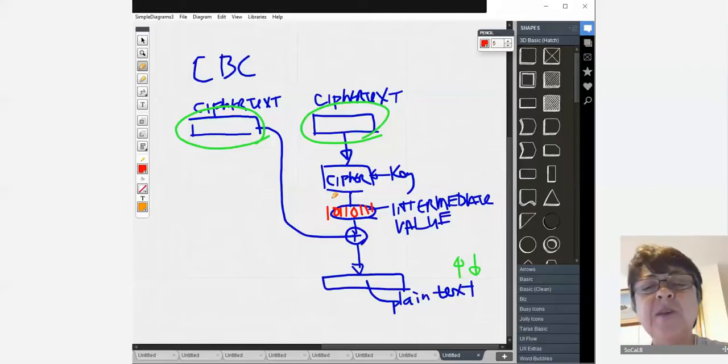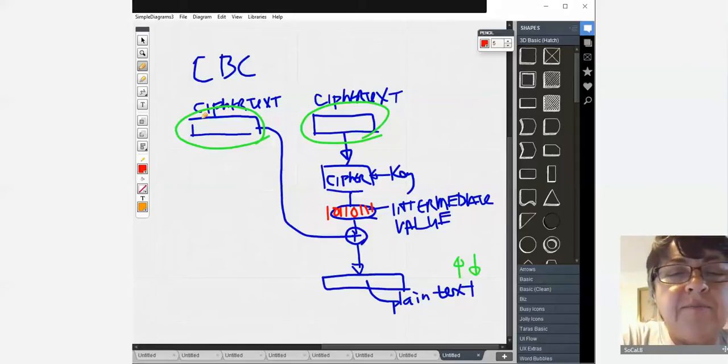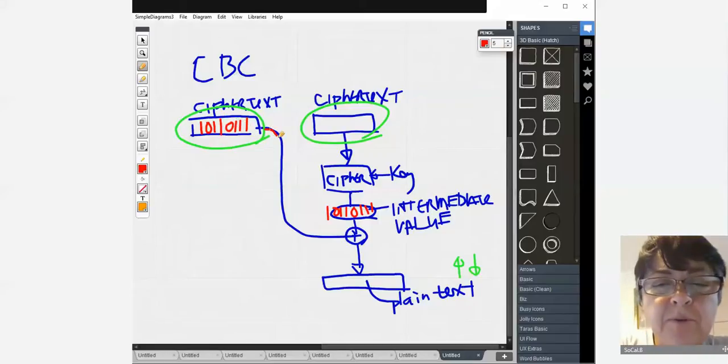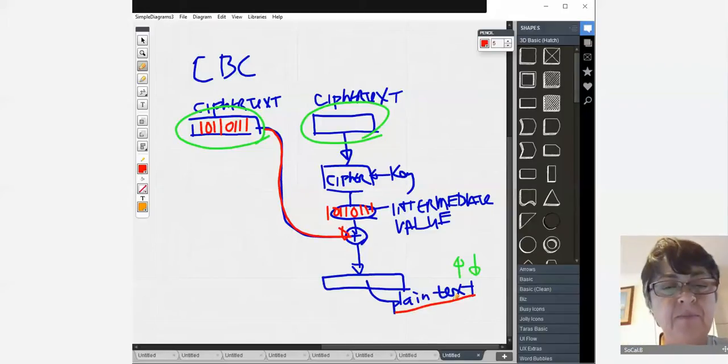What if you're able to modify the IV, so you say, I'm going to guess the intermediate value to be 1, 0, 1, 1, 0, 1, 1, 1. What would happen if I put that in and XOR it? What answer would I get on the other side, on the plaintext, if I guess it right?